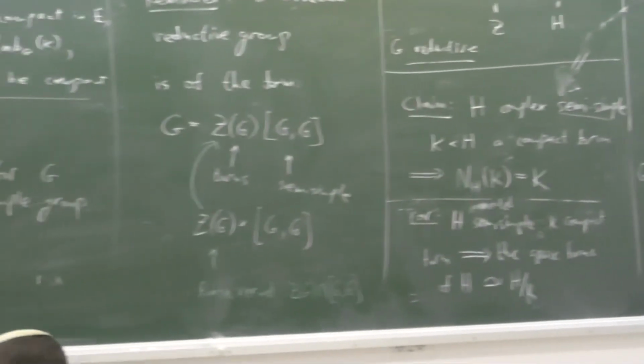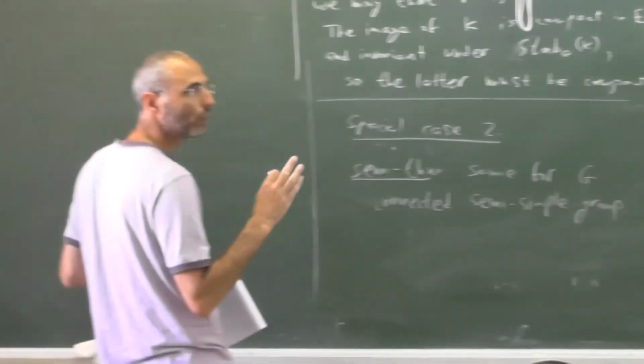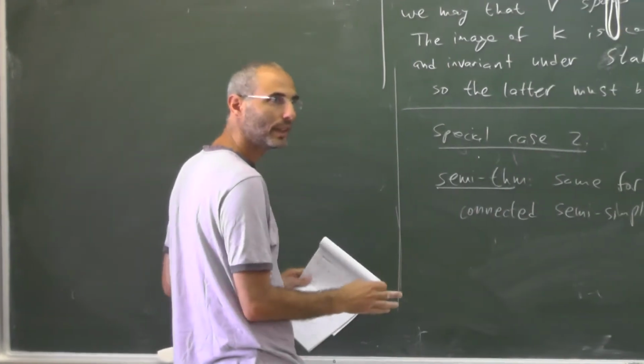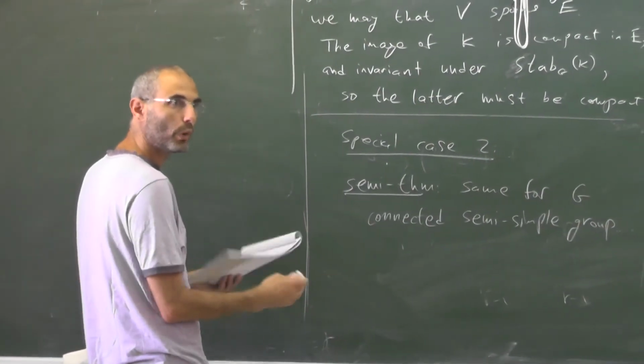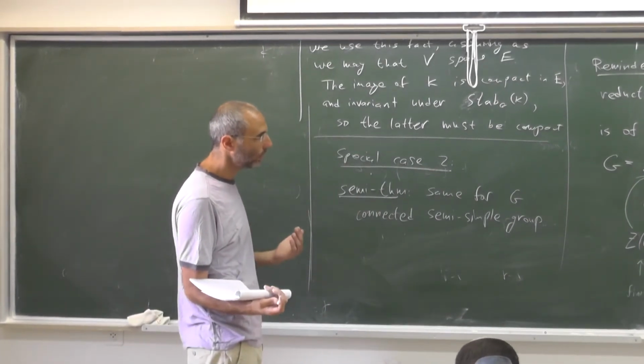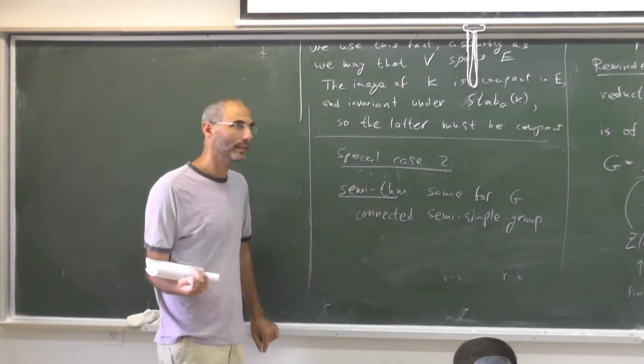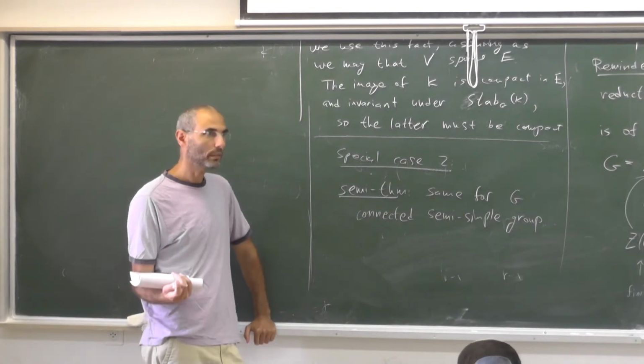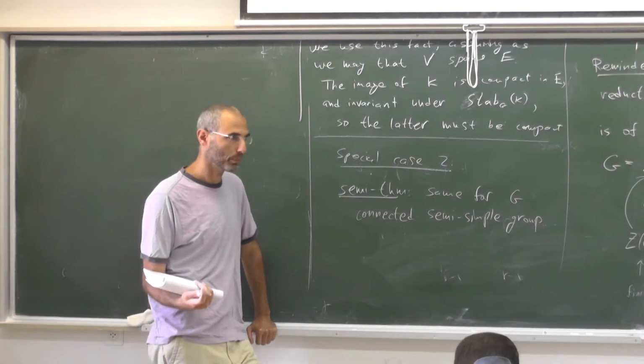Okay, now we have, again, our game. Our goal is to find a compact Zariski dense piece in G. We find something in G which is Zariski dense: the normalizer of K. It is not compact, but it's not that far from being compact.